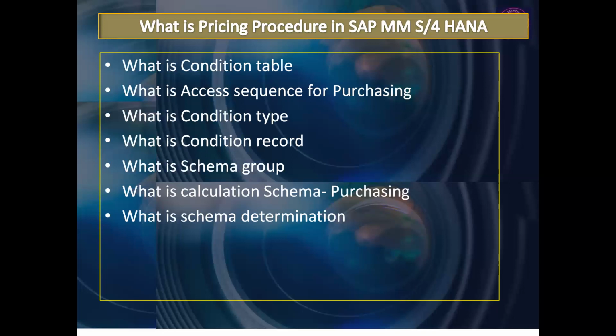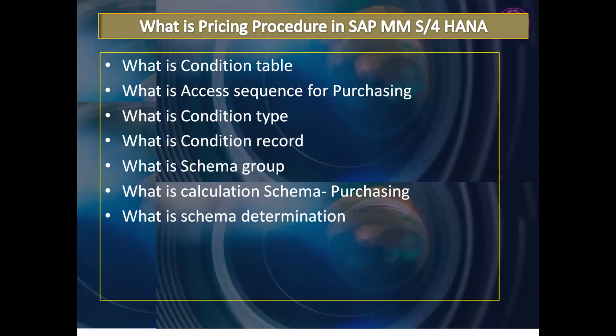It can be fetched via the access sequence and the condition type. For example, suppose we maintain a condition record against a condition table, and that condition table is the vendor. With respect to that, suppose there is a condition type. Then whenever the vendor tries to use that condition type, only that particular condition record will be fetched.